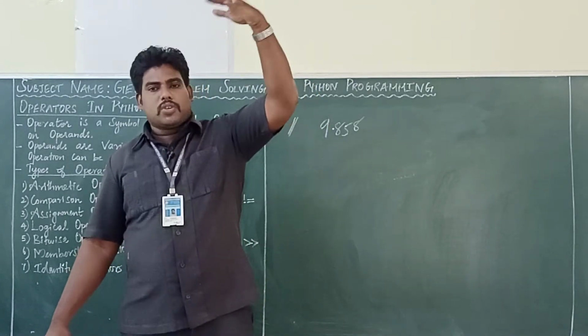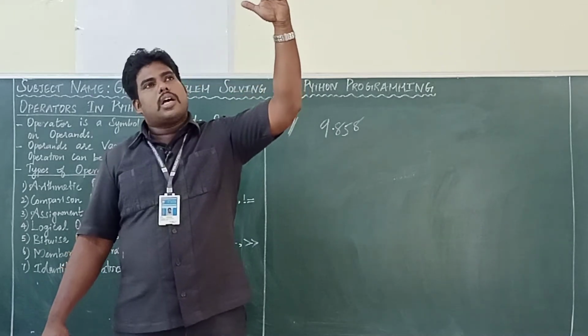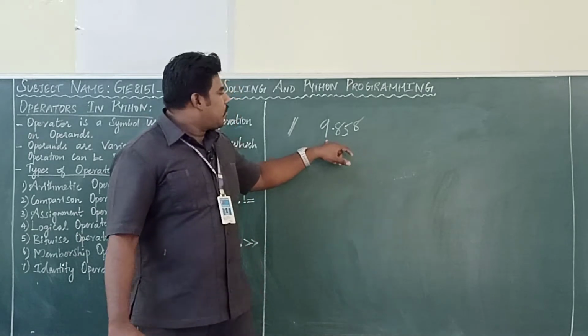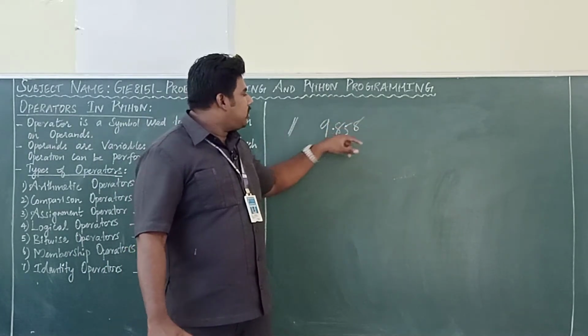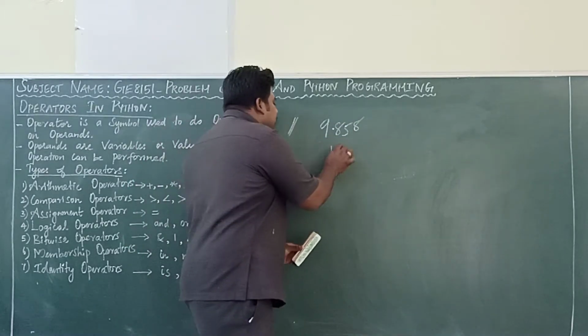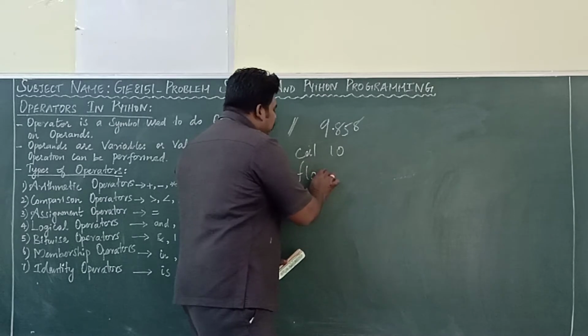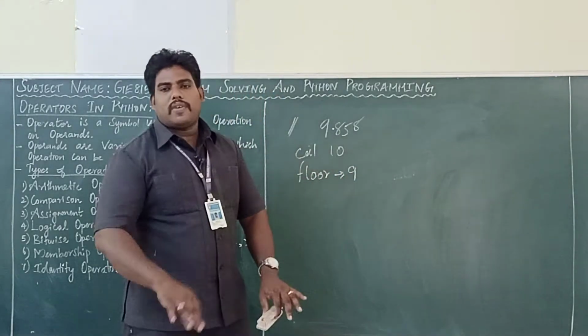Ceil means upside and floor means down, right? So here, if you round up this number, the ceil value you will take as 10, as well as floor we can take as 9. The down value we have to take.